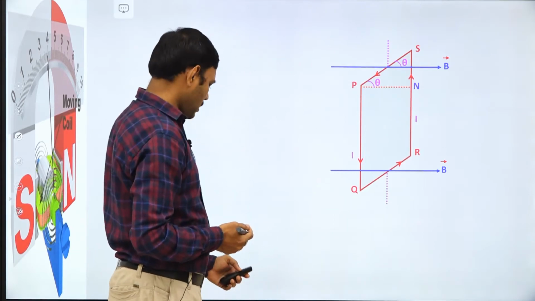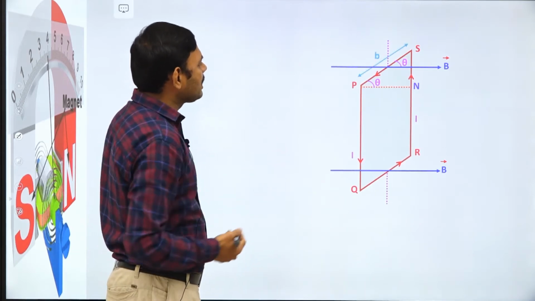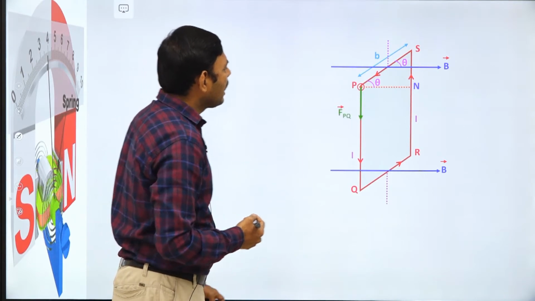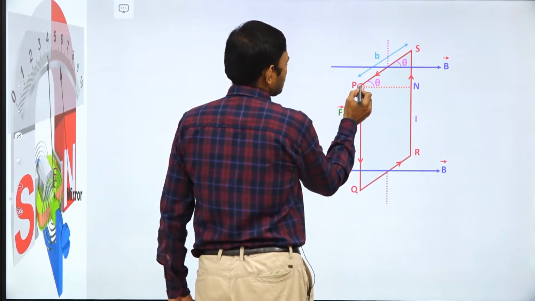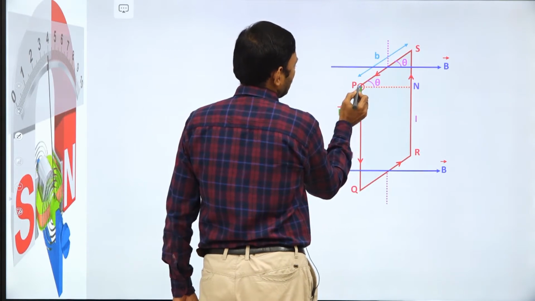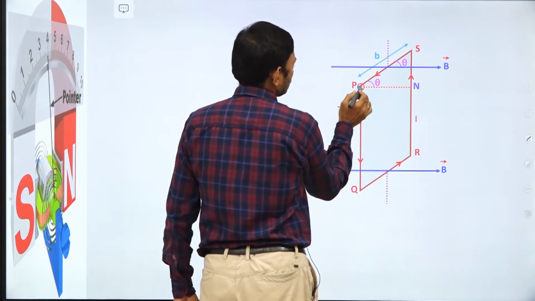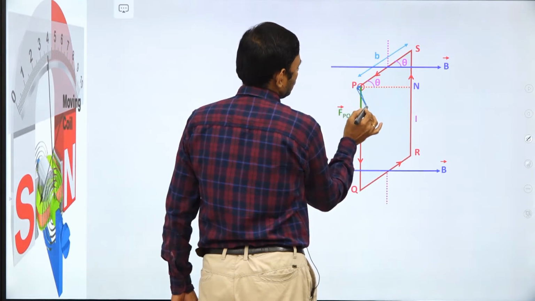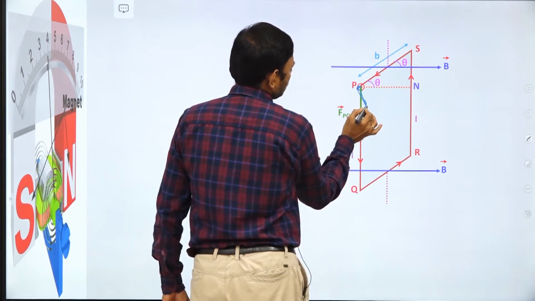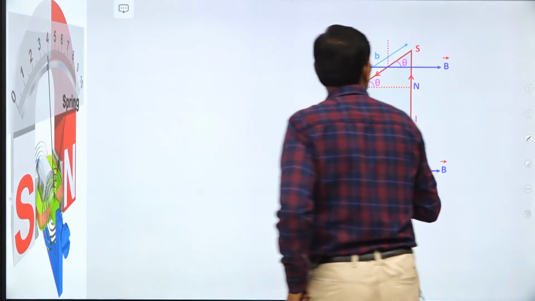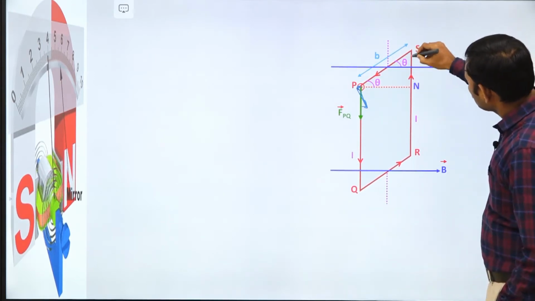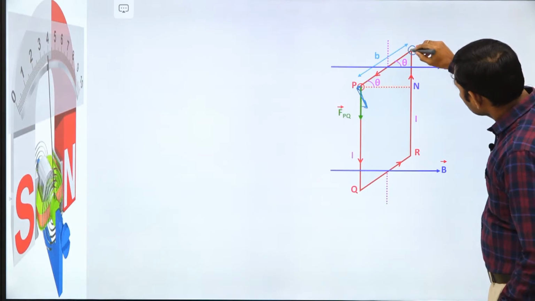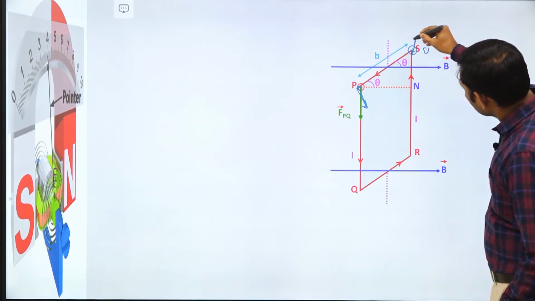Already we discussed the couple acting. Here the force acting on PQ is out of the board, and the force acting on RS is into the board.